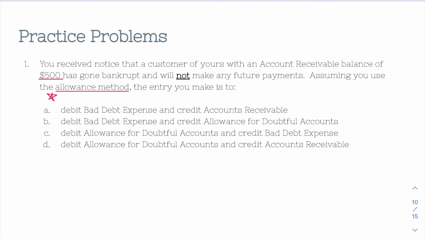That'll be a debit to allowance for doubtful accounts for the $500, and it is going to be a credit to accounts receivable for that customer for $500. We are using the allowance method, so we don't write it off directly. We write it off against allowance for doubtful accounts, and we are writing it off, so we are using a credit to accounts receivables. So that gets us D.